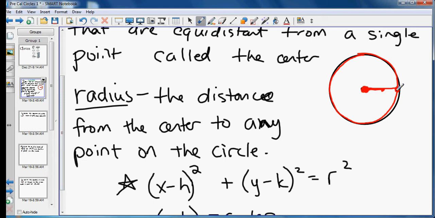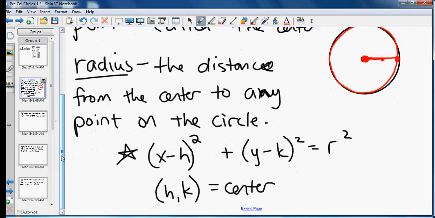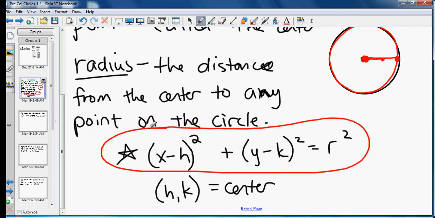Now this equation down here, this is the formula for a circle. X and Y are the same variables they always are. The H and the K are the X value and the Y value that form the center of the circle. So (h, k) is the center, and notice we are subtracting.